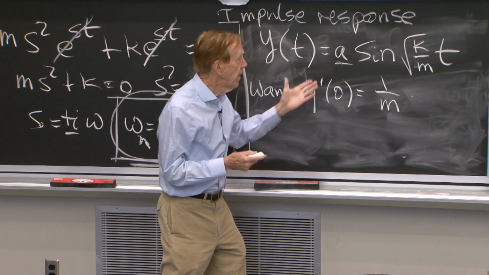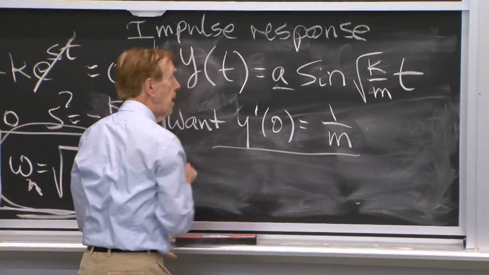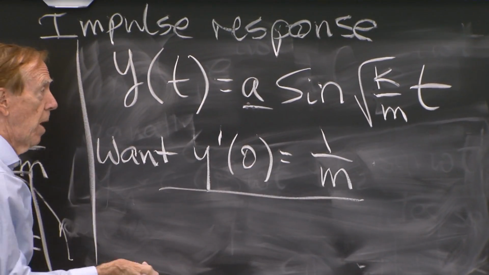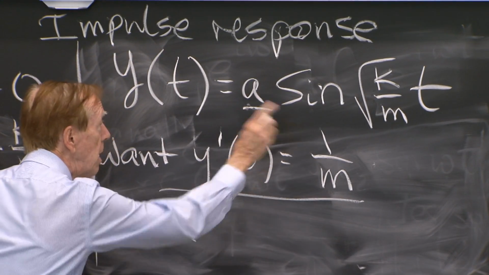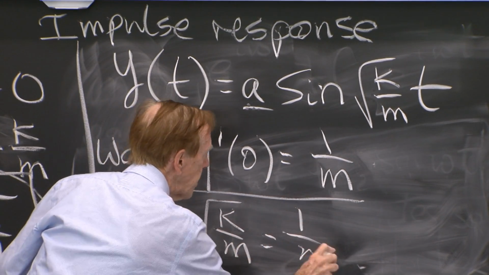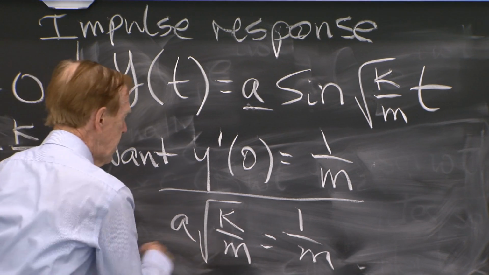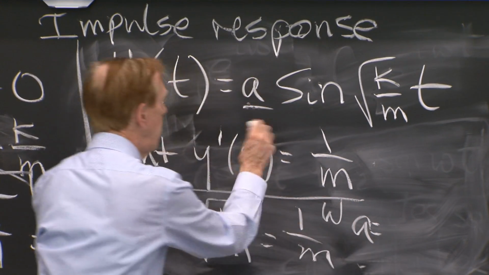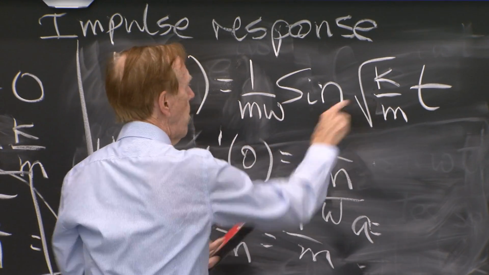The derivative at 0, so I just plug that in here and take the derivative at 0. Of course, that makes it a cosine, which will be 1, but it also brings out that factor omega. So a times omega equals 1 over m, and that tells me what a has to be: 1 over m omega.